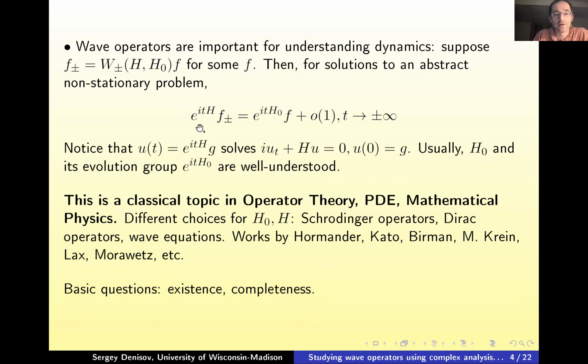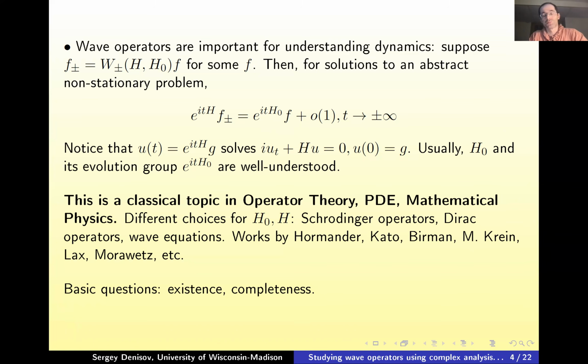And then if you have these wave operators, then you can say that for some functions, specifically in the range of these wave operators, the perturbed evolution, and this is typically a solution to some partial differential equation, is asymptotically the same as the unperturbed evolution.